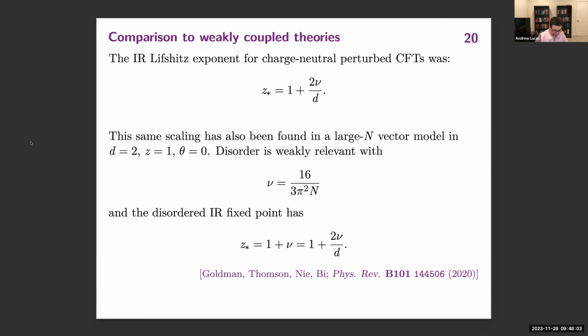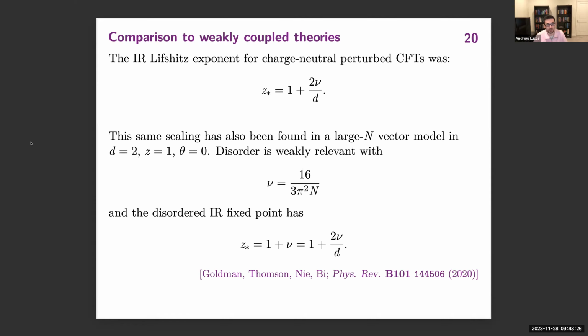There are a couple more sanity checks that we've done that I can describe. So one of them is just to compare to other results. In the literature, a few years before us, there were some condensed matter theorists who studied essentially large N vector models. So these are essentially models with quasi-particles.